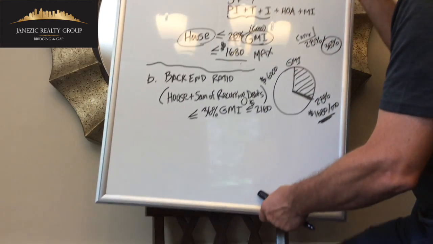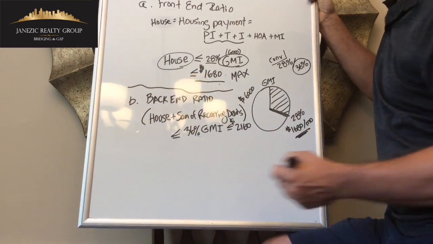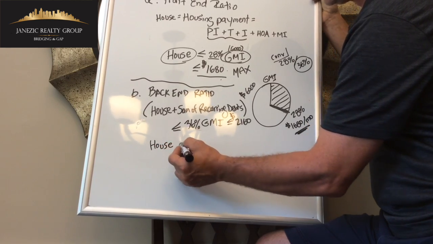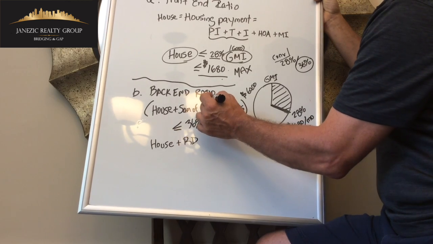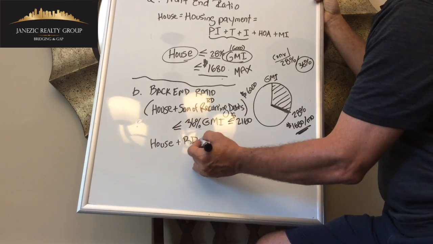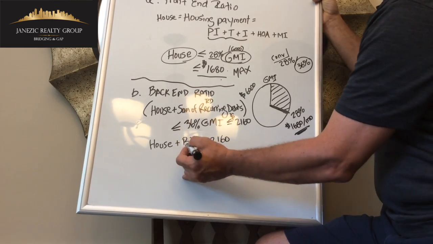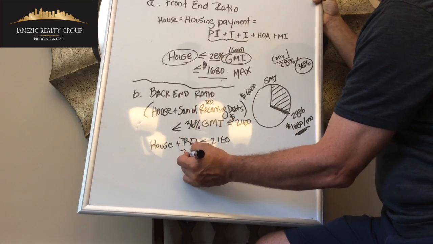So let me move this up, and hopefully you were able to see it, but we're going to go ahead and make sure you can. So now what we're saying is that my house payment plus the recurring debts, which I am abbreviating RD, needs to be less than or equal to $2,160. These we substitute $700.